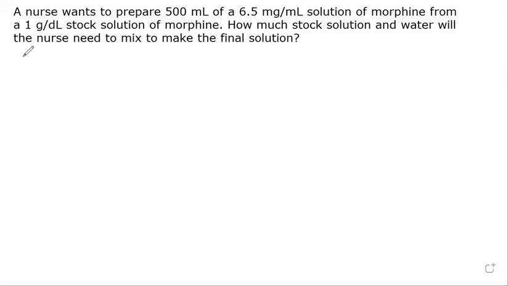Okay, so given our concentration of our dilute solution, we want it to be 6.5 milligrams per milliliter. That's what they want to make. And our volume of that diluted solution is they want to make 500 milliliters of it.